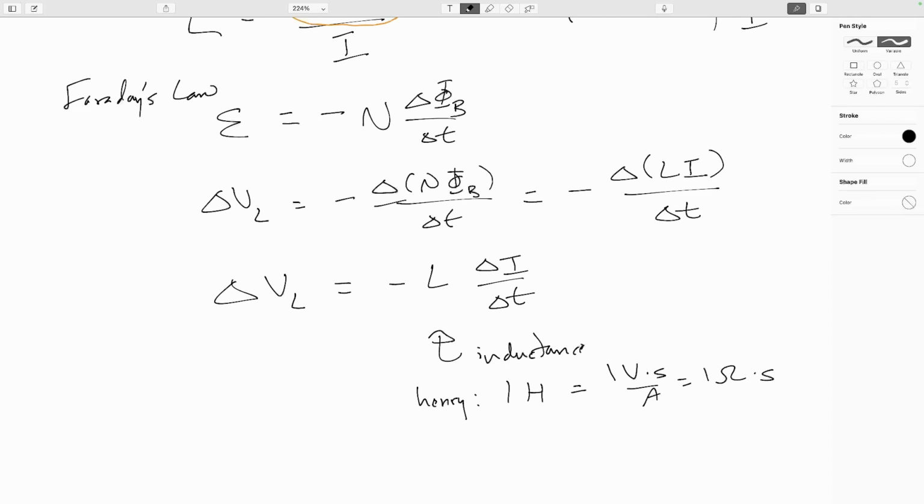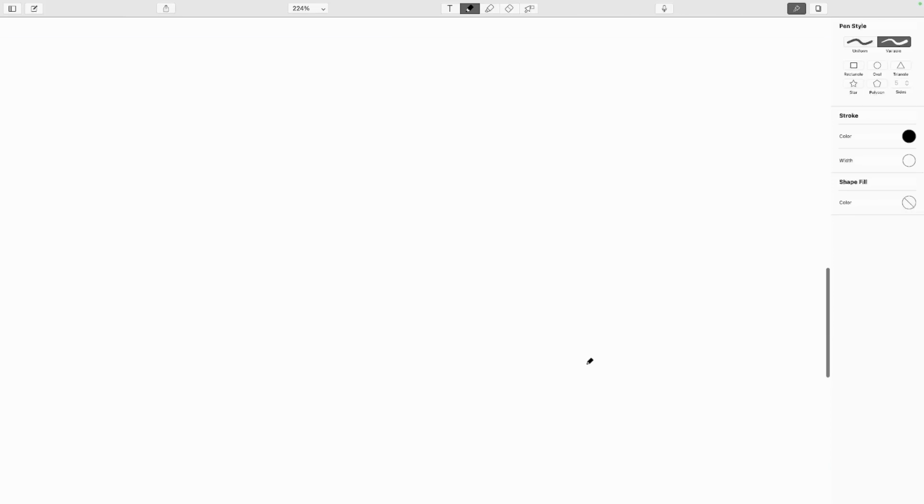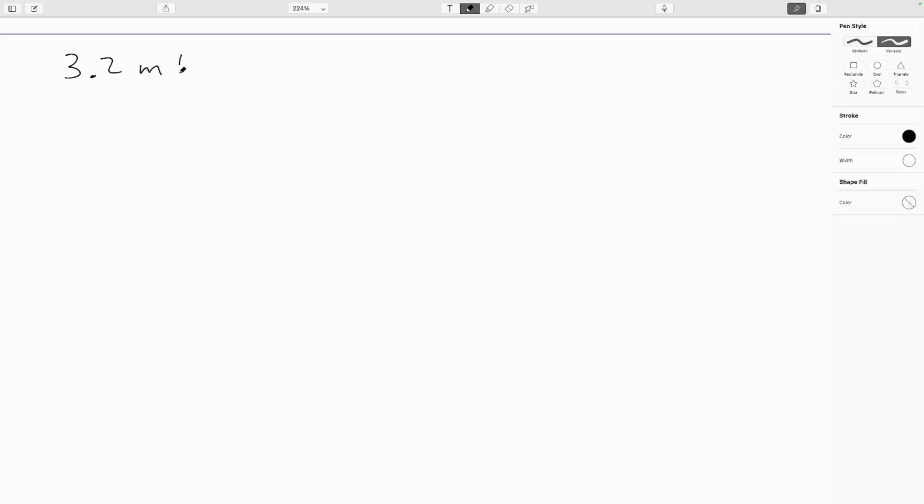All right. So just to make this kind of concrete for our DC case here, let's just imagine that I have a 3.2 millihenry inductor. That's a good typical value, in the millihenry range. And let's go ahead and say that our current through the inductor we'll let max out at 4 amps.